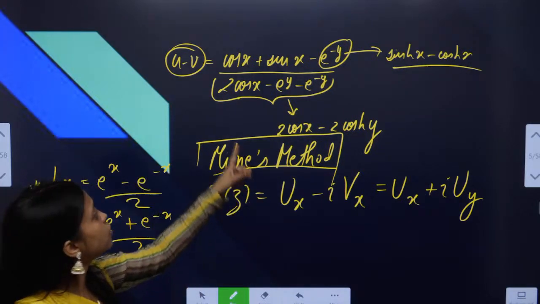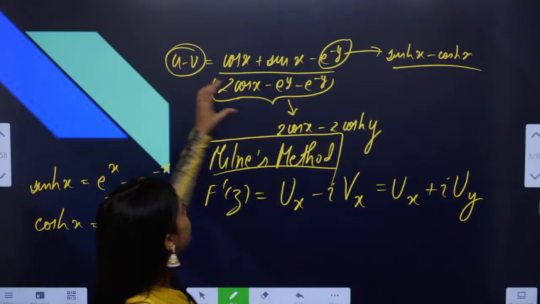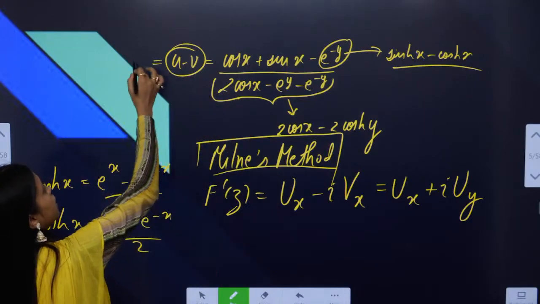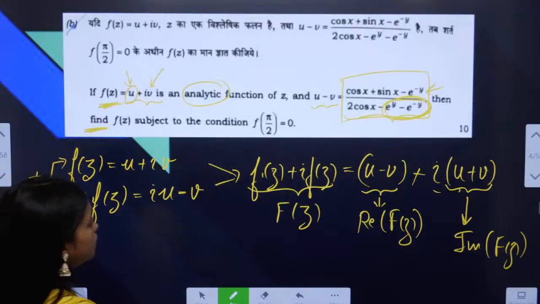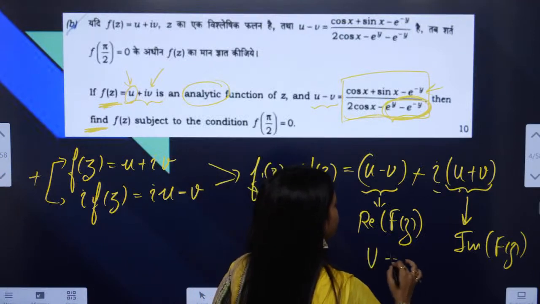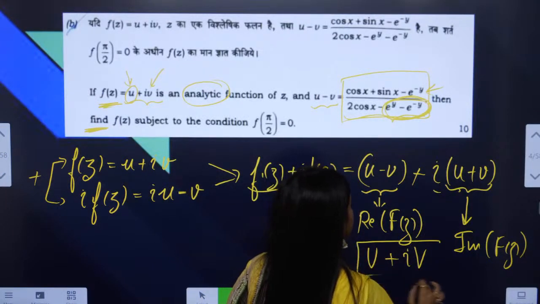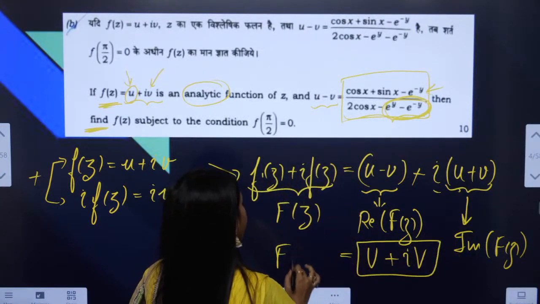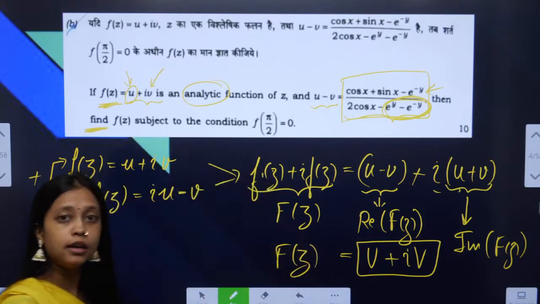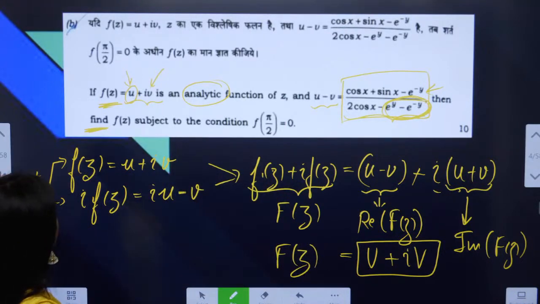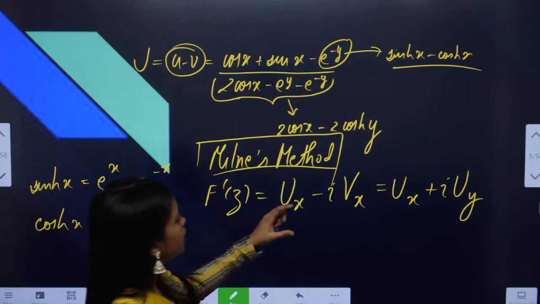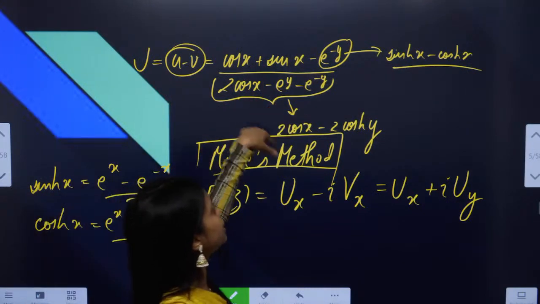Just apply this theorem, this method, and this is your capital U, this is capital U plus iota capital V, this is f of z, right? So what I am saying is, you have your capital U, which you have reduced.